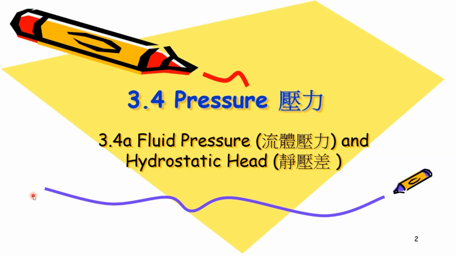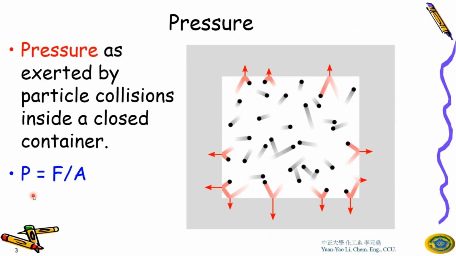Right, so now section 3.4, pressure. There are two terms here in 3.4a. The first one is called fluid pressure. The second one is called hydrostatic head. So what's the definition of pressure? Pressure is exerted by particles inside a closed container.